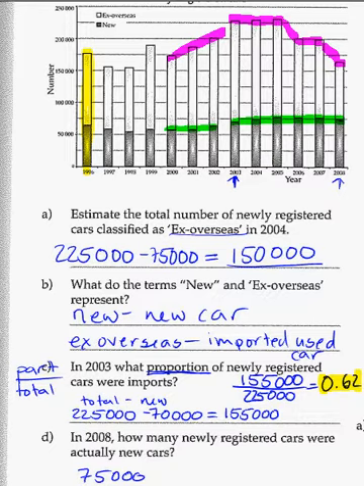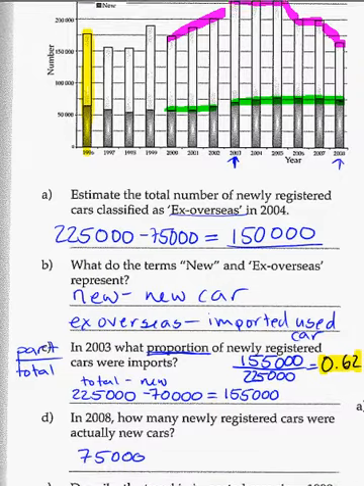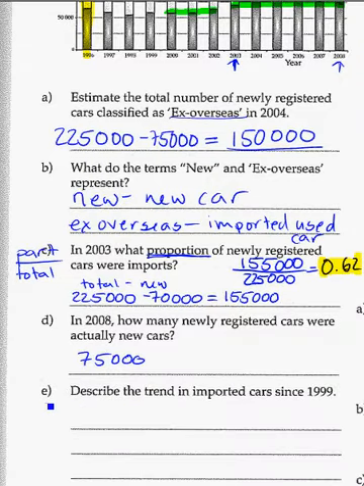So in this case, we could say something like from 2000 to 2003, we see an increase in the number of imported cars. So 2000 to 2003, increase in imports.